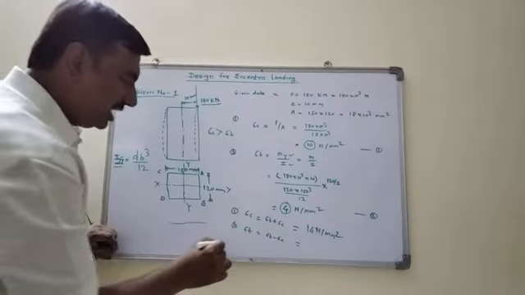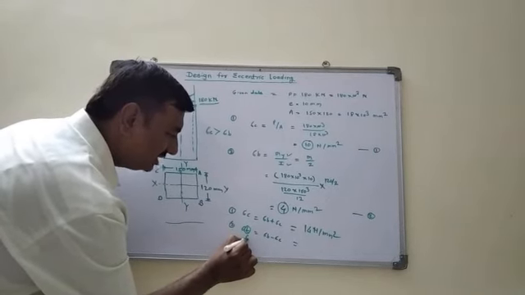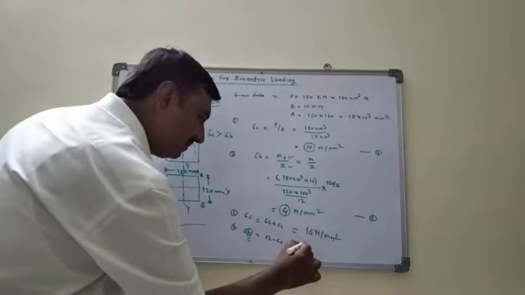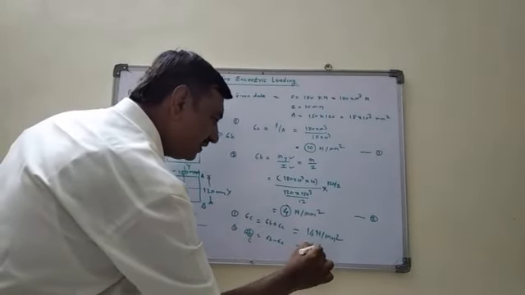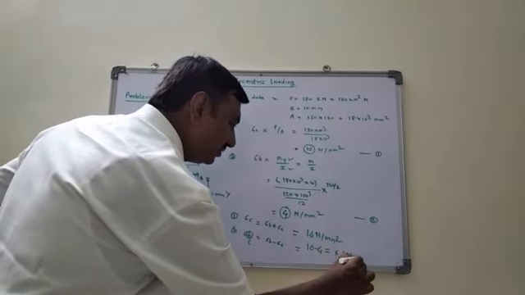And there is no tensile stress here. Again, there is compressive stress at the side CD, and its magnitude is equal to 10 minus 4, which is equal to 6 Newton per mm square.